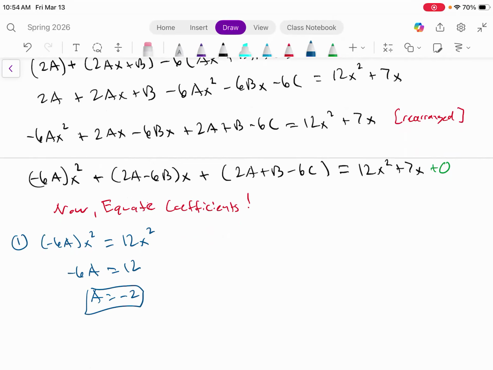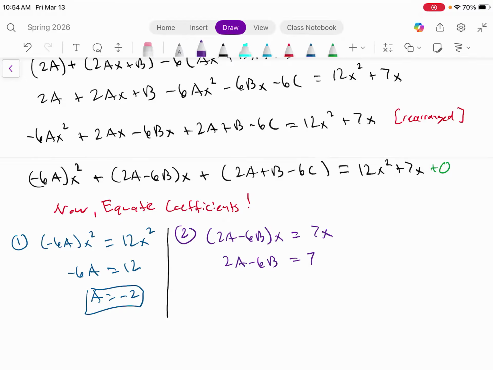All right, so let's look at the next one. Let's look at just x. So we have 2a minus 6b x equals 7x. All right, so this just means that we can equate their coefficients. So 2a minus 6b equals 7.